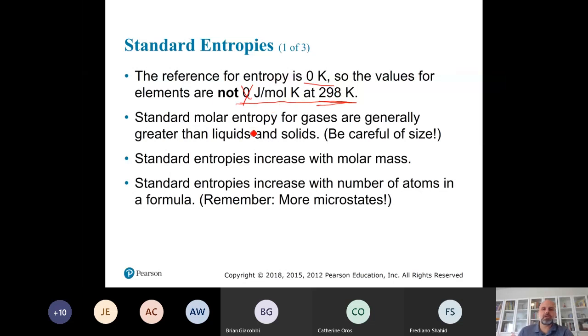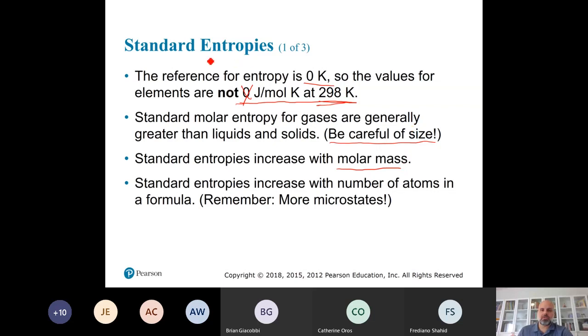So standard molecular entropies for gases are generally greater than liquids and solids. And just take note, the size of the gas molecule is going to be very important. The standard entropies increase with molar mass. The larger the molecule, the more microstates that exist. That makes sense.